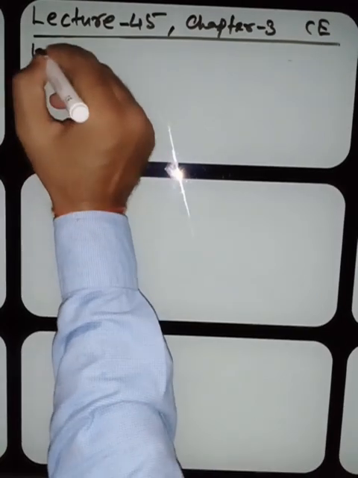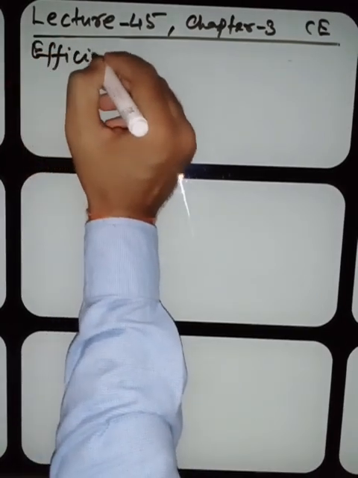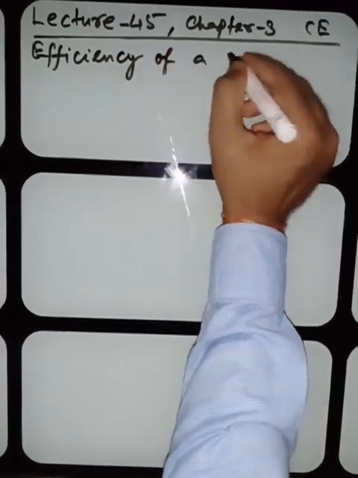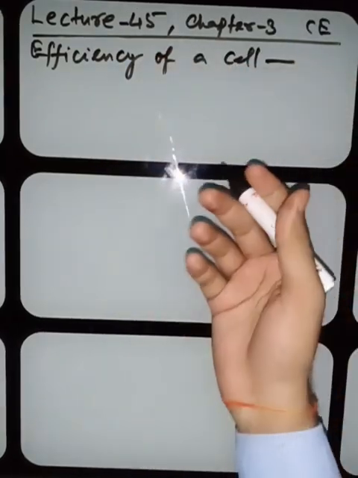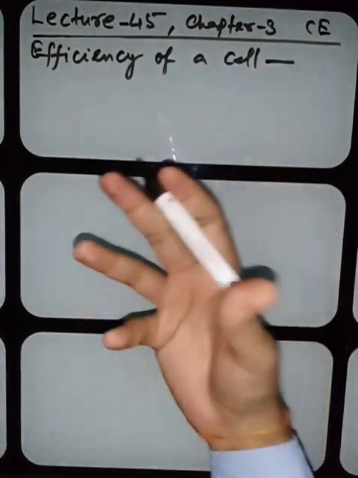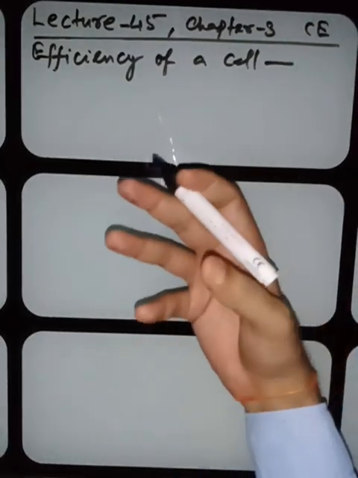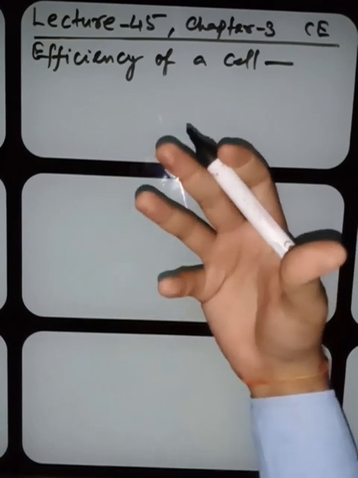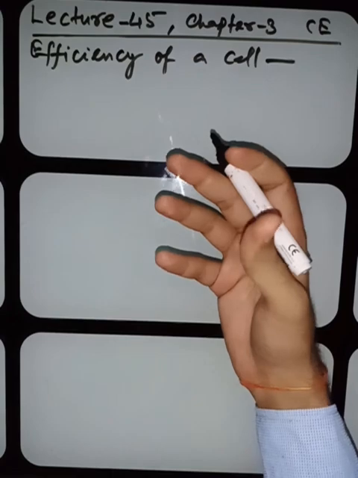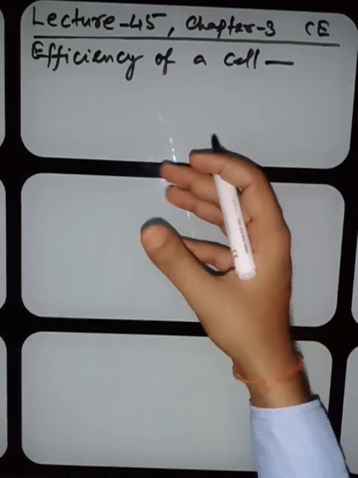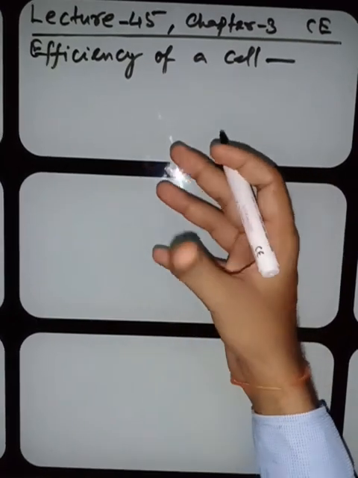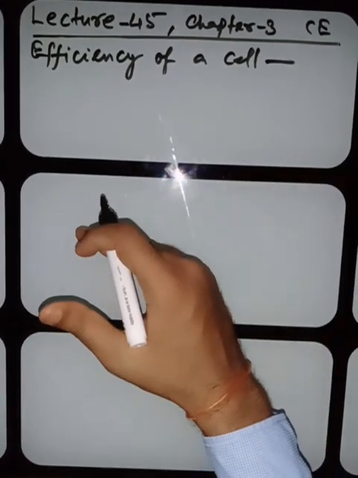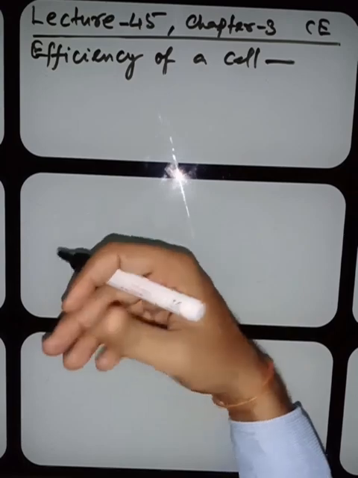Efficiency of a cell. What is the efficiency of a cell? Actually, what does the cell do for us? Actually, a cell delivers power. It gives the output as power. So whenever you talk about efficiency, you have to correlate the powers. What power the battery has given, and what power the instrument got.